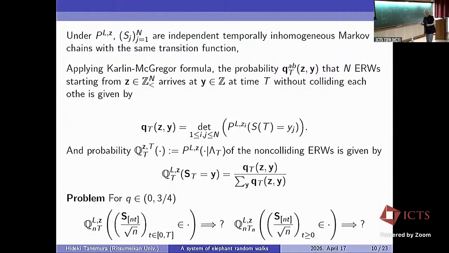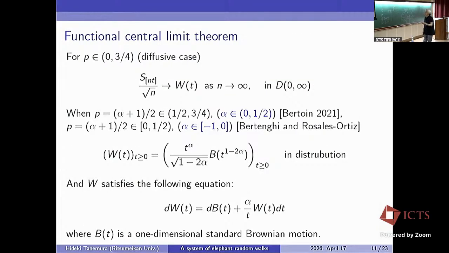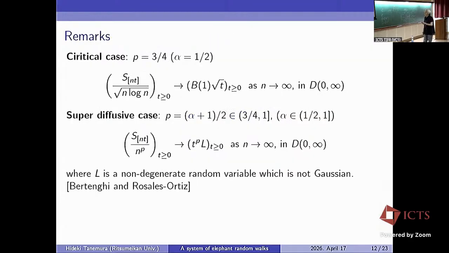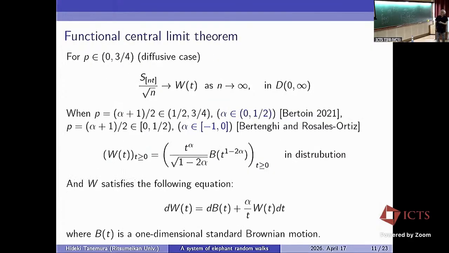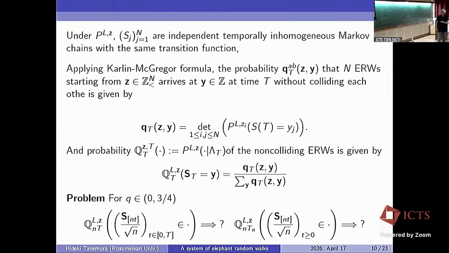This is, but the difficult point is this goes to 0. Oh, okay. So the mathematical formula, is that applicable to the elephant random walk?